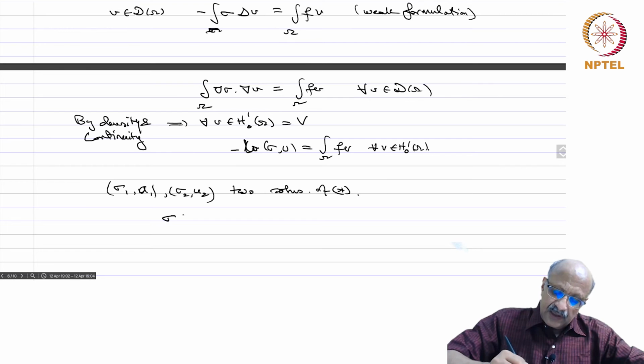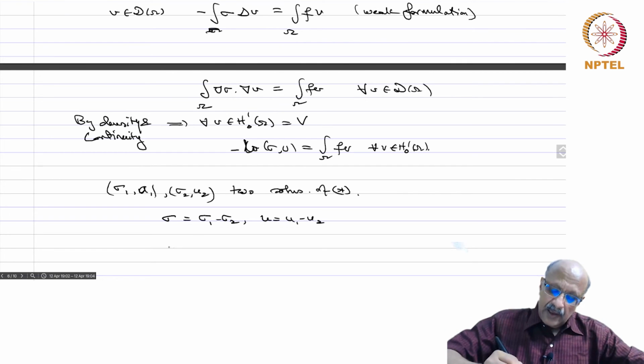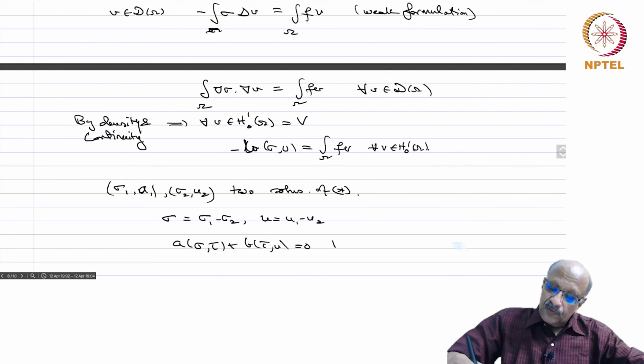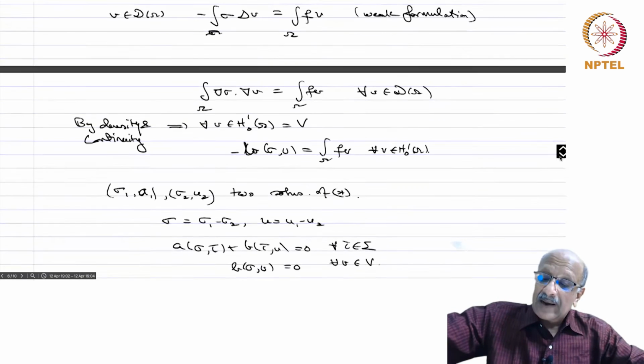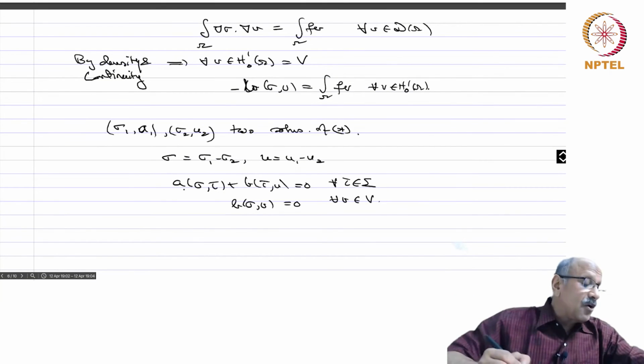This means that if sigma equals sigma 1 minus sigma 2, u equals u1 minus u2, then you have a(sigma, tau) plus b(tau, u) equal to 0 for all tau in Sigma, and then b(sigma, v) equal to 0 for every v in V. Because you just subtracted the two equations, the f v got cancelled.